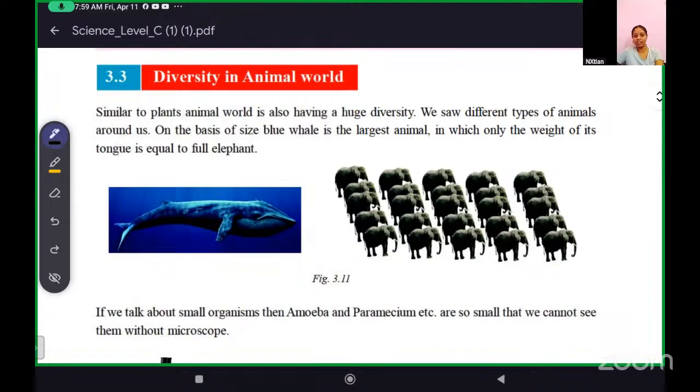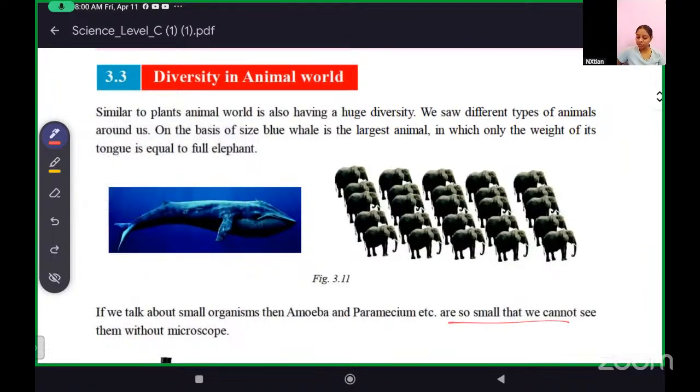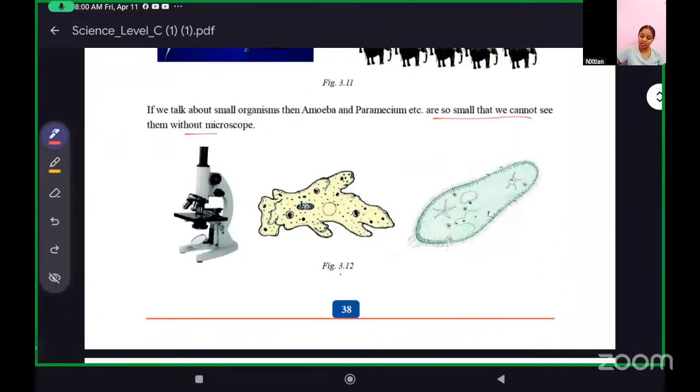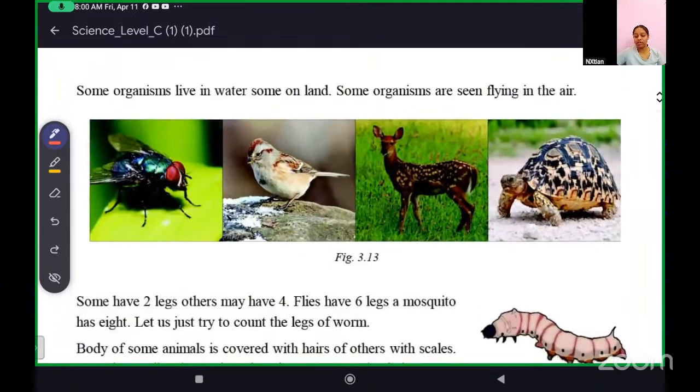Okay. Now, if we talk about small organisms, amoeba and paramecium etc. are so small that we cannot see them without a microscope. So those are microorganisms. Now, some organisms live in water, some on land. Some organisms are seen flying in the air.